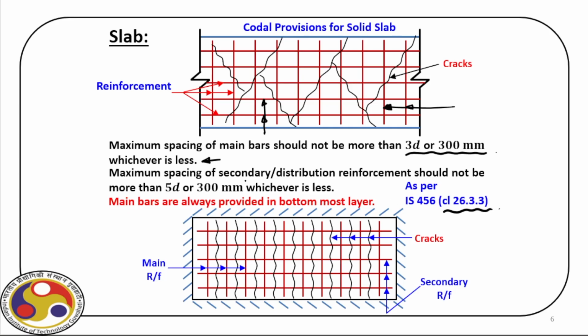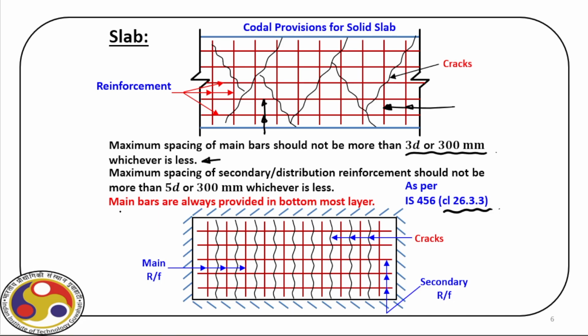Why is it mentioned? Because if the spacing is more than these limits, there is a chance of cracking, and the pattern of cracking can be different depending upon the spacing and the orientation of the reinforcement, as you can see here.